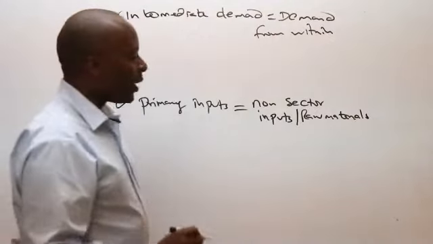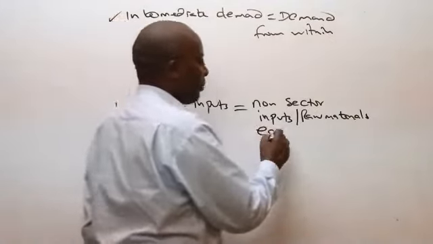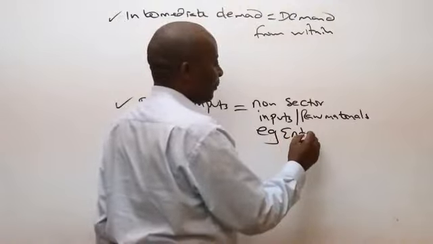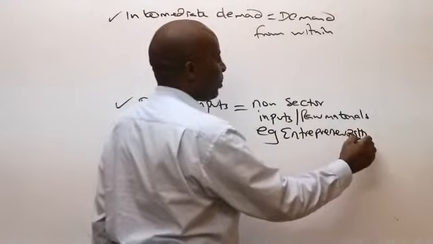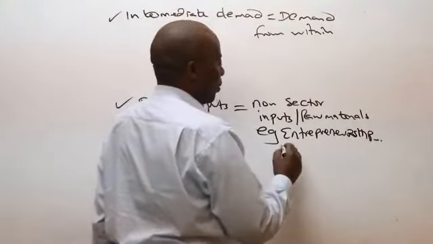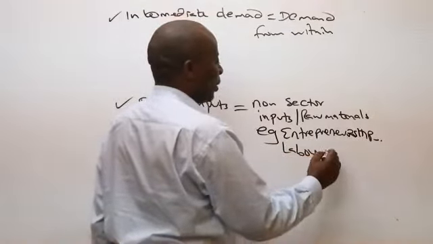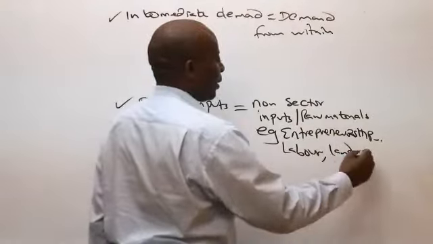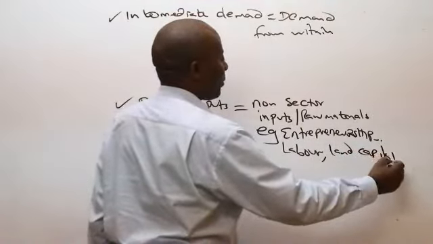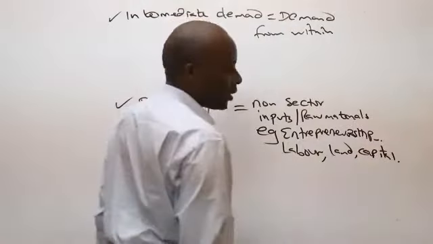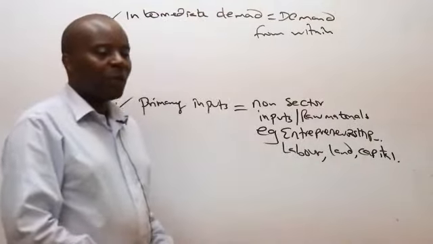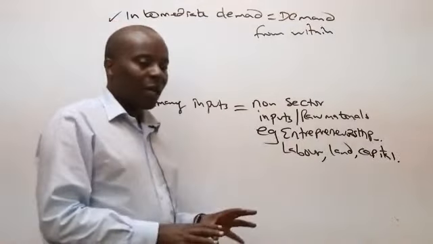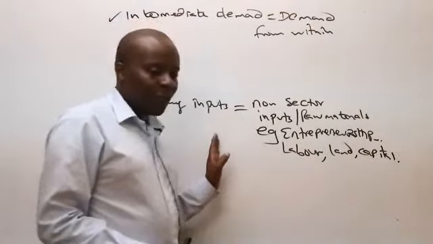A very good example will be entrepreneurship. We have labor, we have land, we have capital. There is no sector that produces these things, so we lump them together under what we call the primary inputs.